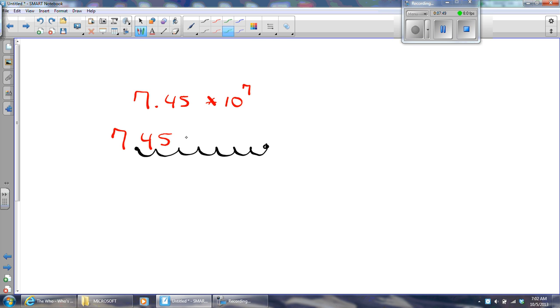I'm going to fill in those open places with zeros, and my new number in standard notation, it's actually not a new number, it's the same number, is going to be 74,500,000, right? All I did was multiply by 10 7 times.